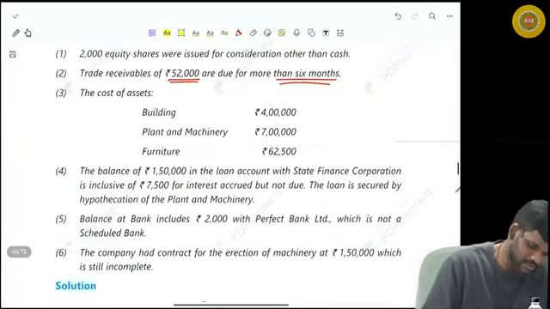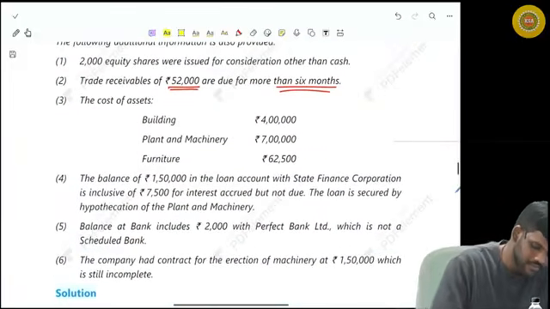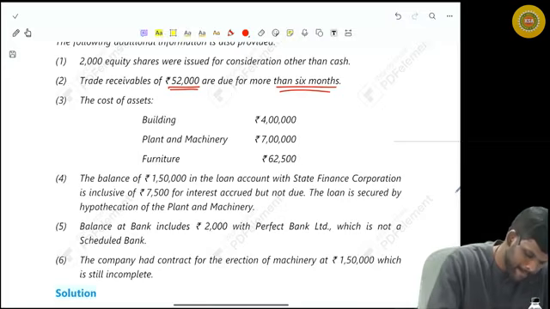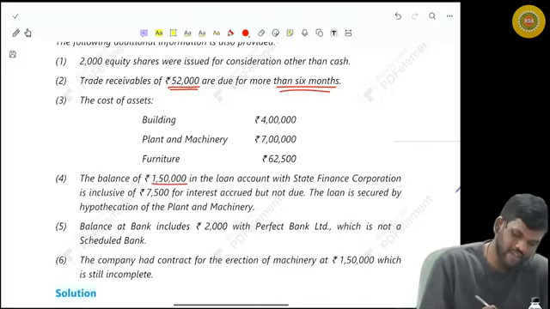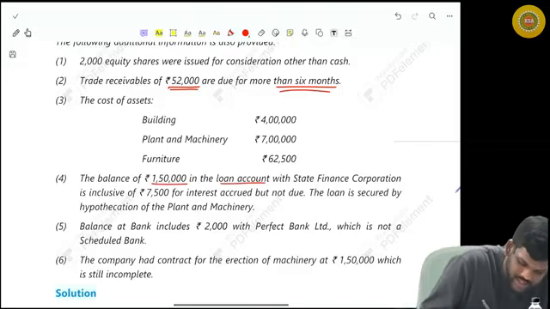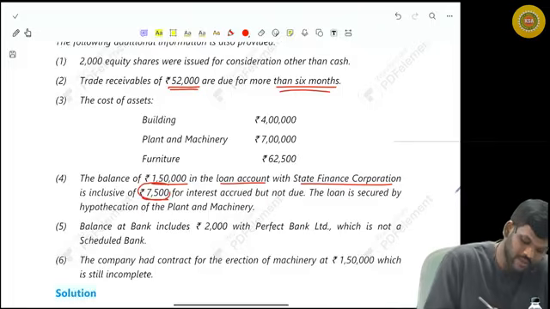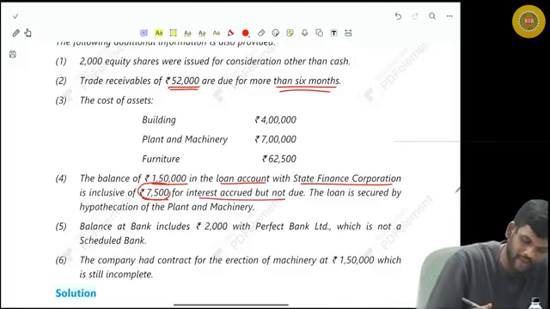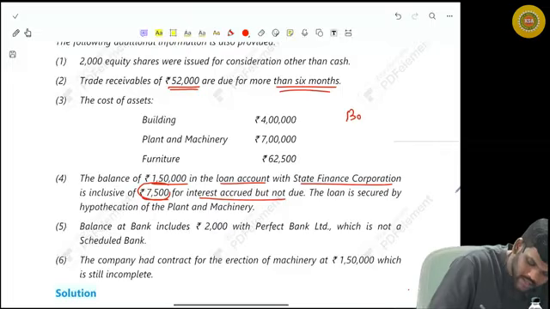Next, one more adjustment. Fourth one. The balance of 1,50,000 in the loan account with State Finance Corporation is inclusive of 7,500 interest accrued but not due. Remember, I told you during the format, what comes under borrowings is only the principal amount.